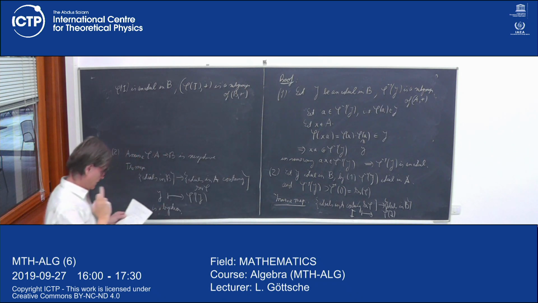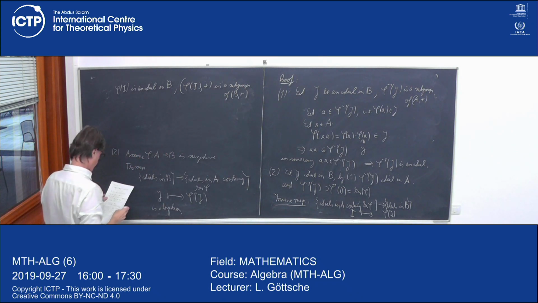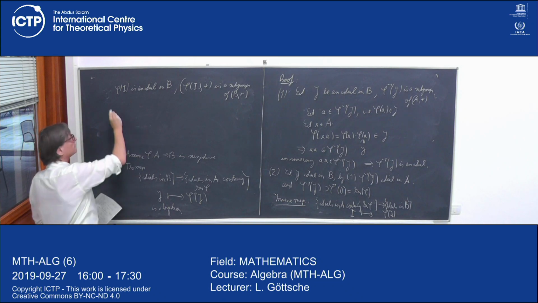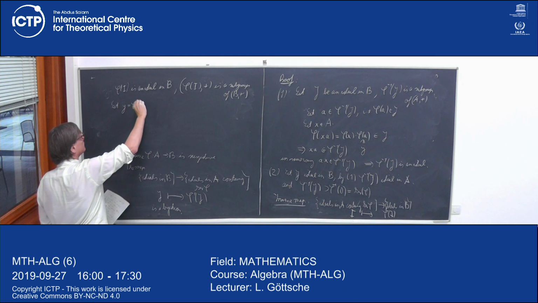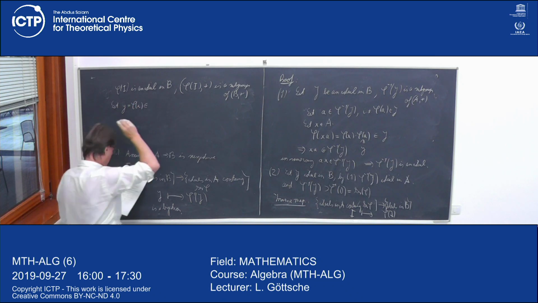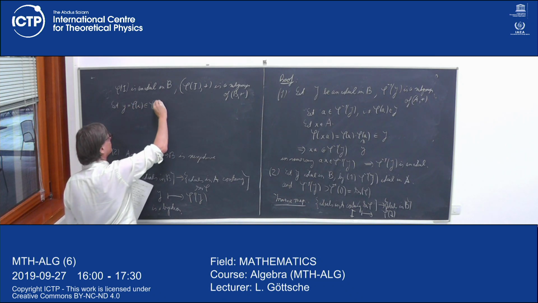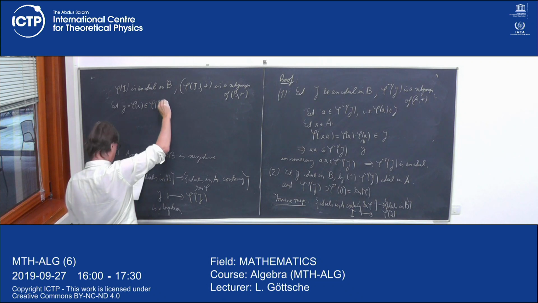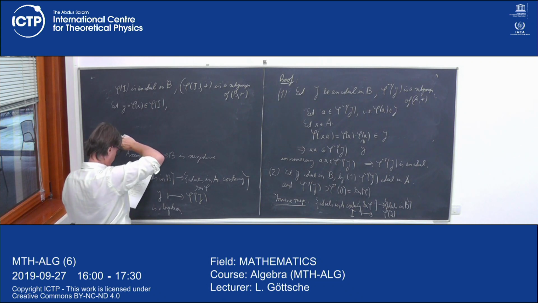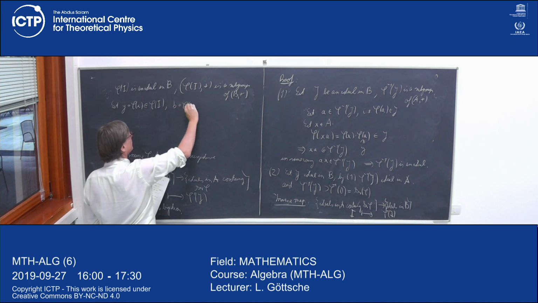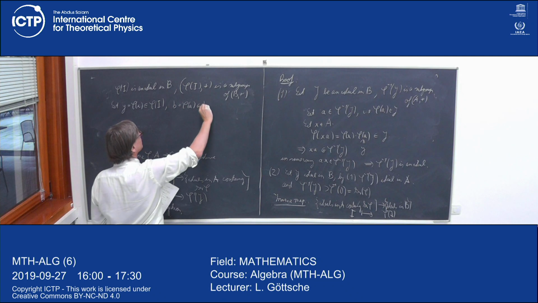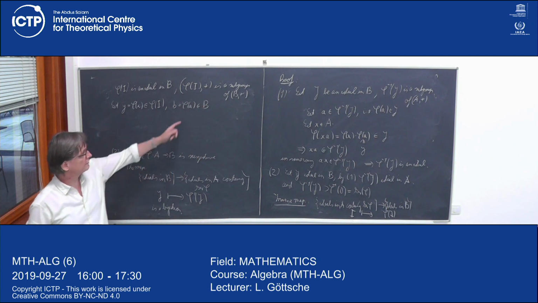We only have to show this is an ideal. So let y equal to phi of x be an element in phi of I, and say b equal to phi of a be an element in B. Here we use that the map is surjective.